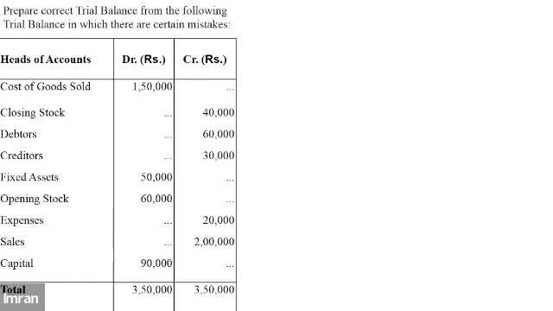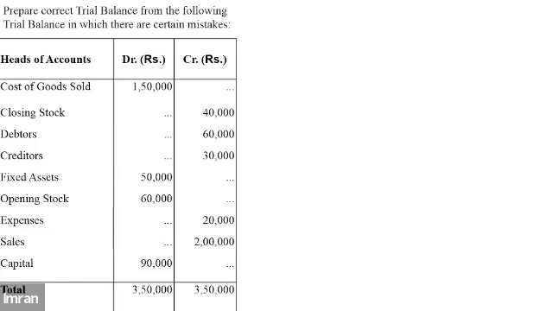So like in this question, the trial balance is given. We have cost of goods sold on the debit side, closing stock 40,000 on the credit side, debtors, creditors, fixed asset, opening stock. So these items are given, different heads of account are given, and their balances are also written on the respective side of the trial balance, debit and credit side.